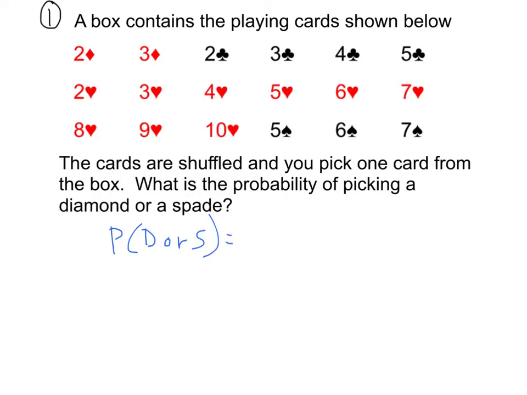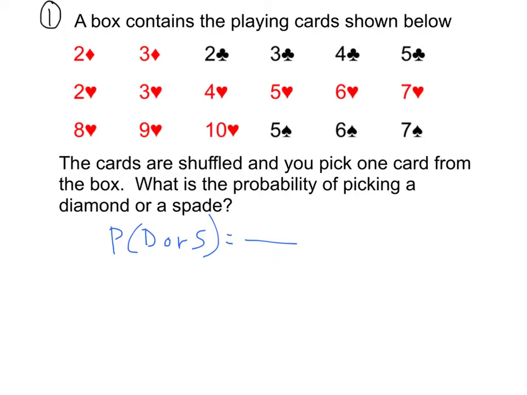Okay, so let's first think about what probability is, right? The top is the number of ways that we can pick a diamond or a spade, and the bottom is the total number of outcomes, the total number of ways, in this case, to pick a card from the box, right? So this one is pretty simple.